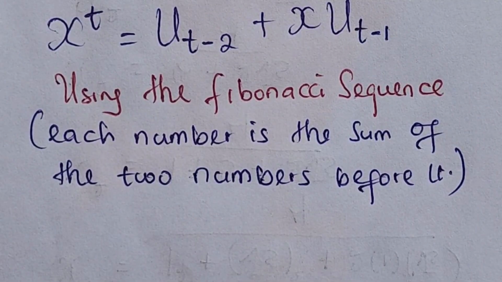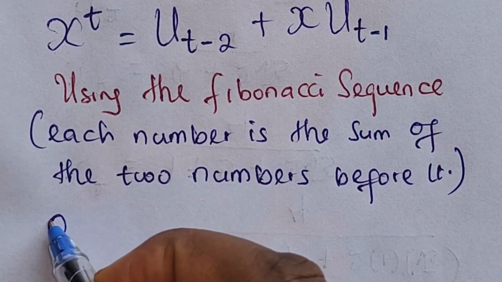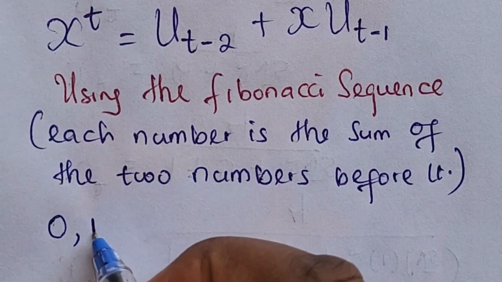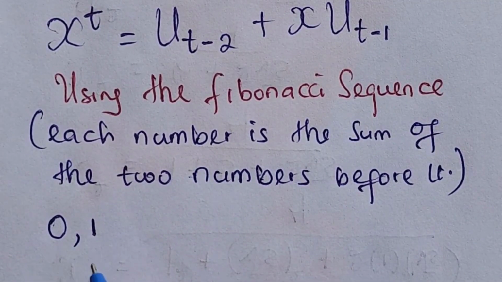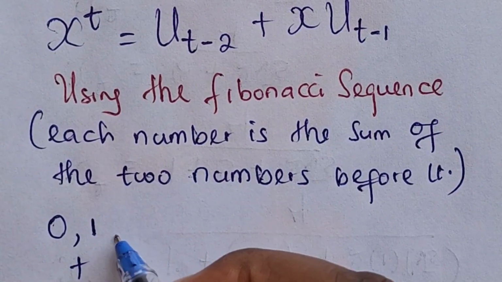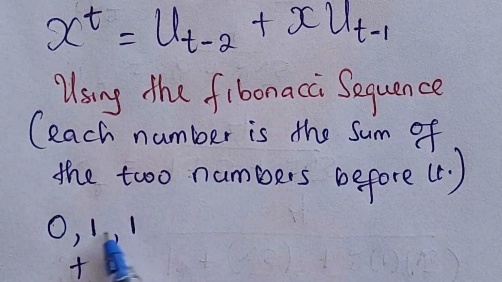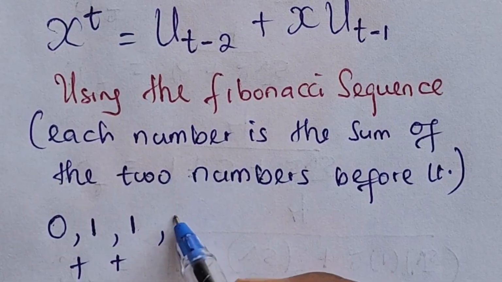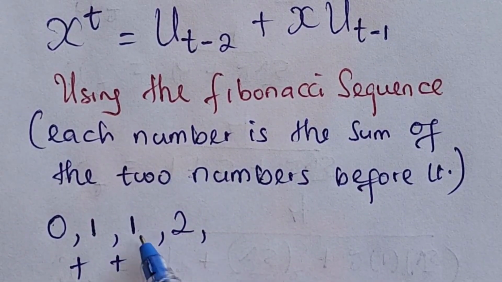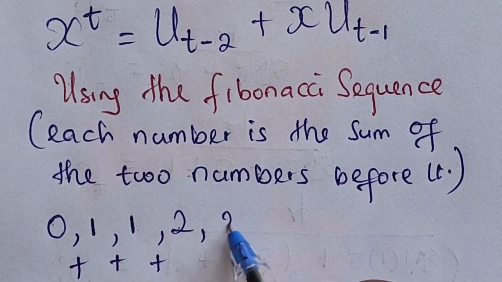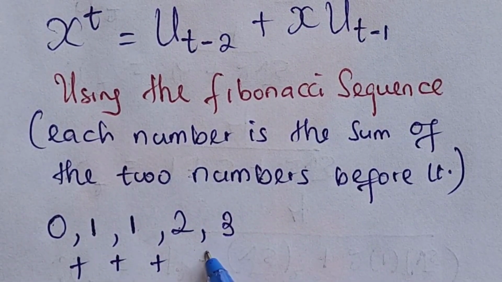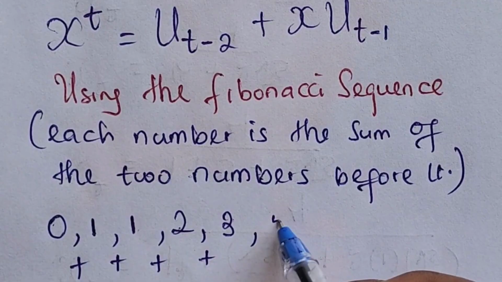So this sequence goes like this. We start with 0 and 1. So we have 0 plus 1, which is 1, and we have 1 plus 1, which is 2. We have 1 plus 2, which is 3, and we have 2 plus 3, which is 5.